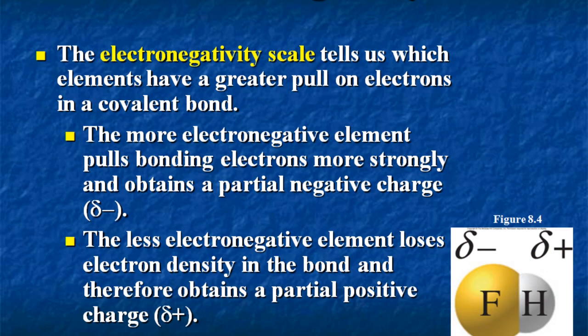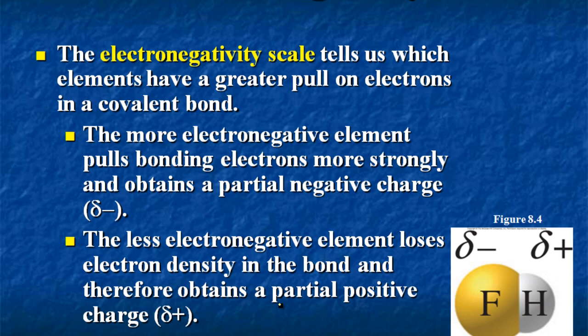So electronegativity tells us which element has the greater pull on electrons, and the more electronegative element gets the partial negative charge, and the less electronegative element loses the electron density around it, therefore getting a partial positive charge. So if you look at the electronegativities of fluorine and hydrogen, you will see that fluorine has higher electronegativity.